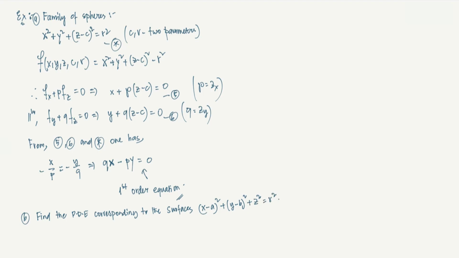Again this is a sphere. Try and find out if you can do that. In this case you just stick with this thing: a and b are the 2 parameters which are independent here. Okay, so try to find it.